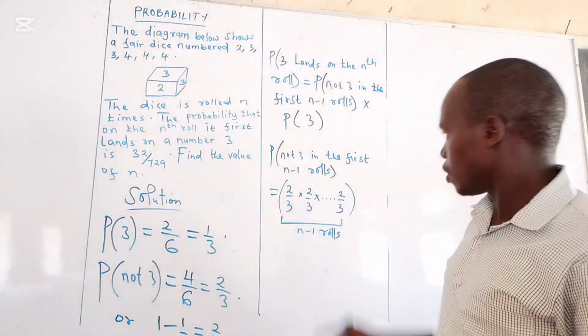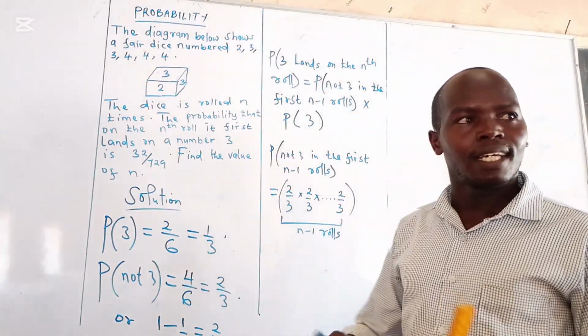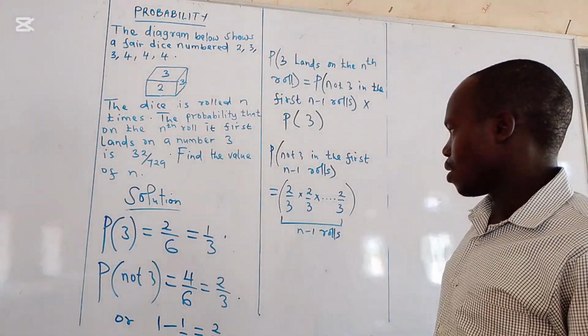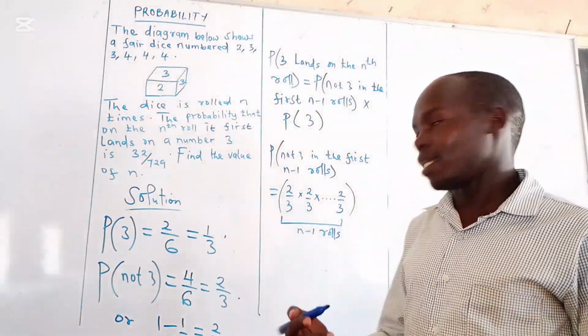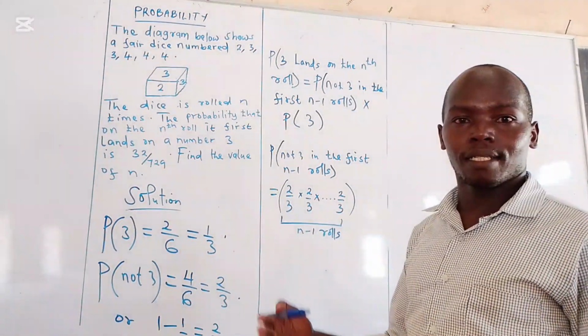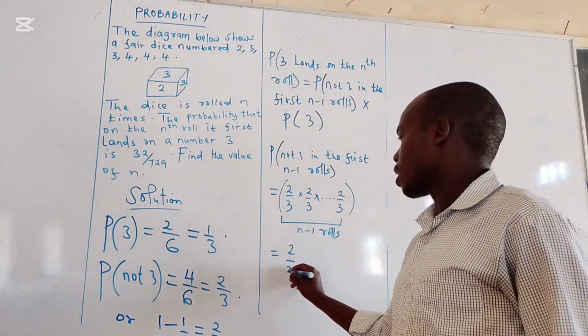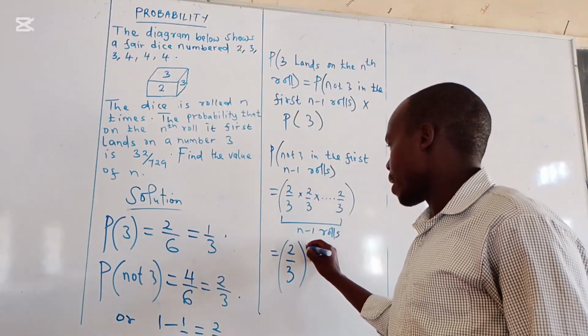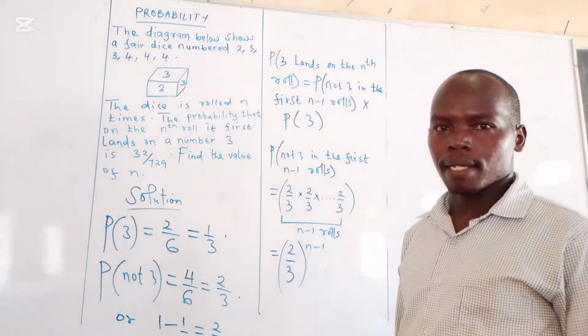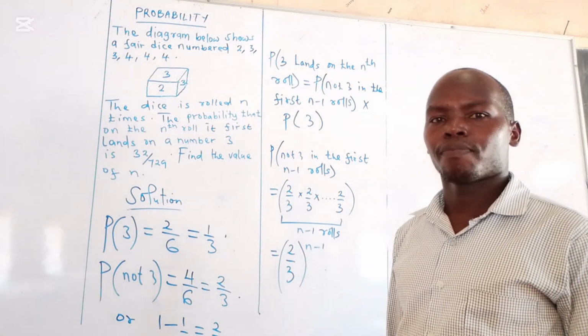You realize that 2 over 3 is repeating itself. We are multiplying 2 over 3 by itself. So this one we can just write in power form, and it will be 2 over 3 power n minus 1, number of rolls.